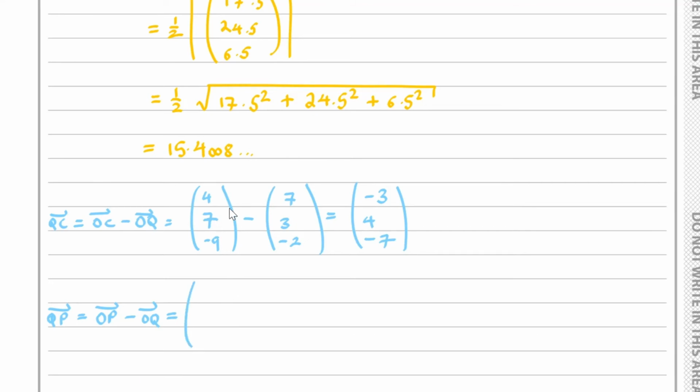So we have (4.75, 2.75, 5) minus (7, 3, -2). And if we work this out, we end up with (-2.25, -0.25, 7).